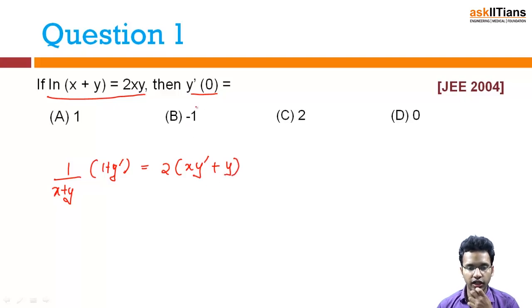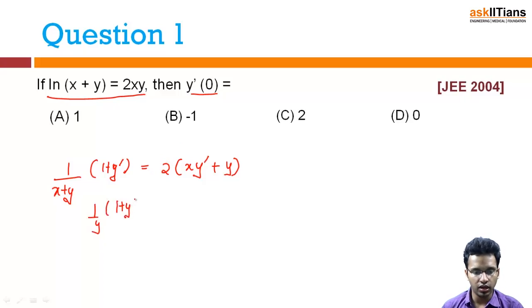We need to calculate y dash at 0, so we can simplify at this step only. Don't go for y dash. First put x equal to 0. So this is 1 by y, times 1 plus y dash, and again we will be calculating this value at 0 also. What will be y corresponding to this one? That is the trick here.